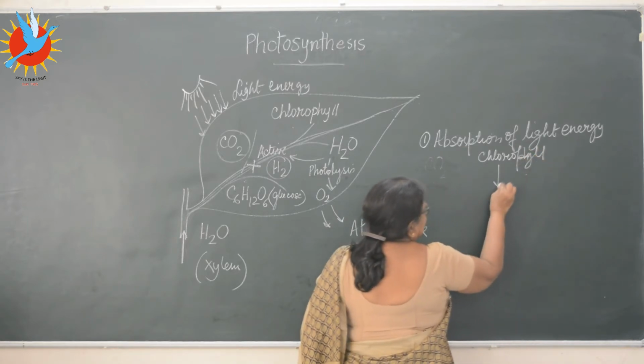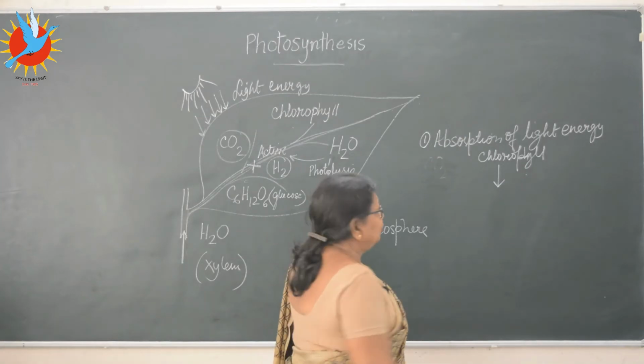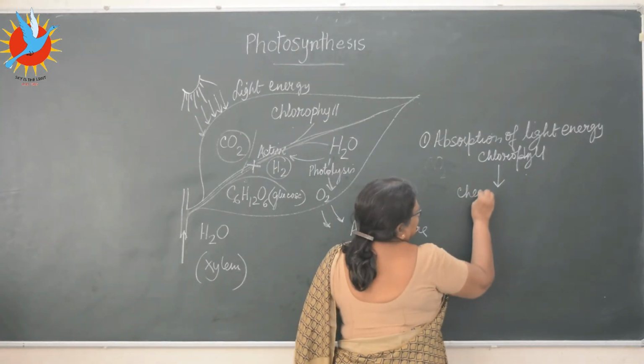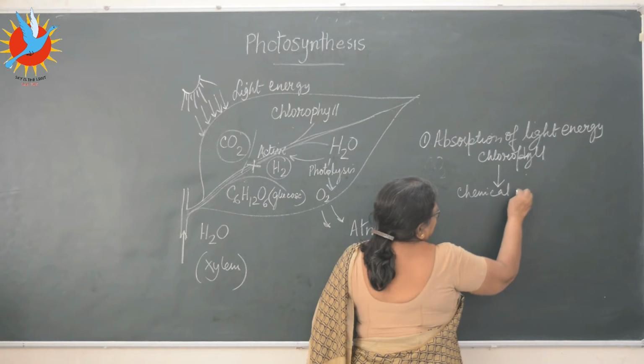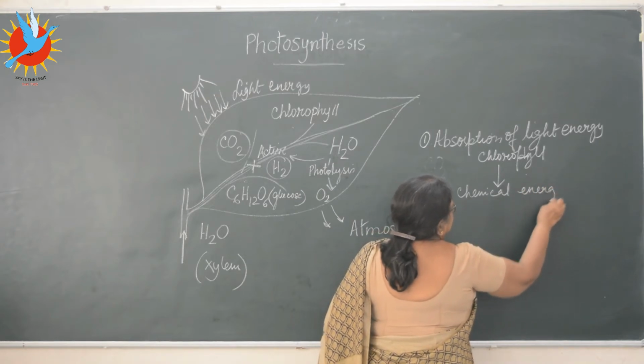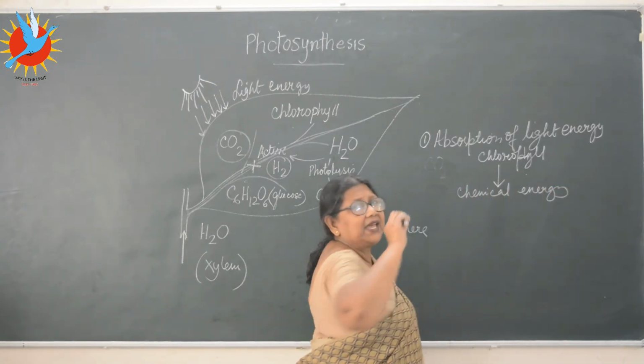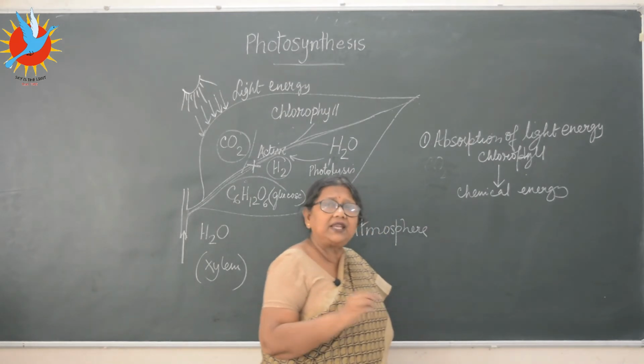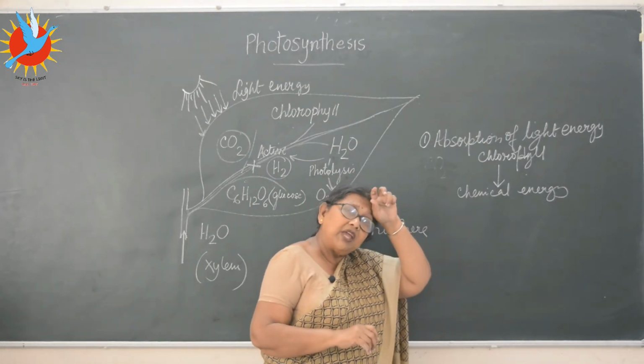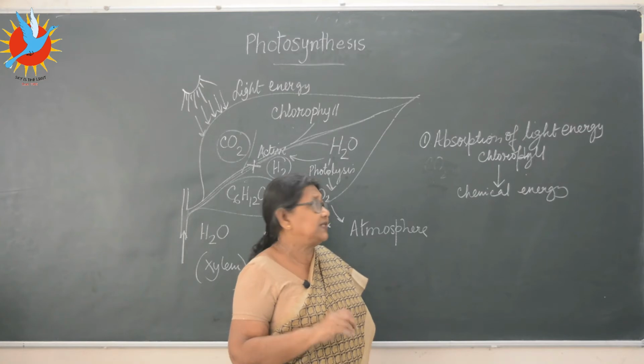Chlorophyll absorbs the light energy. Then what does it do? Changes it into chemical energy. Why? Because the cells cannot use the light energy directly. It has to be converted into a form which is readily used by the cells.